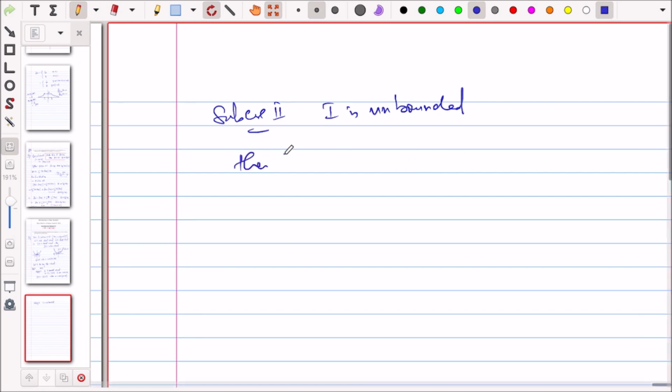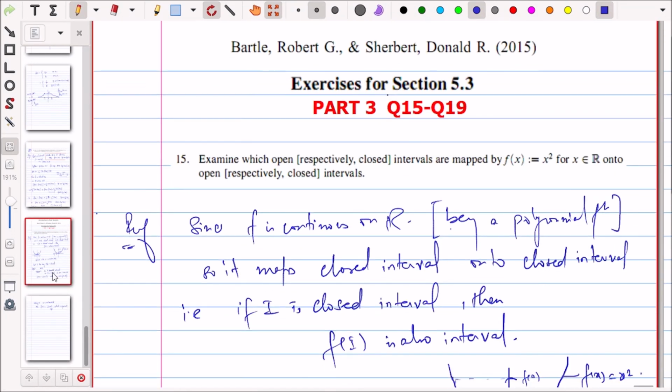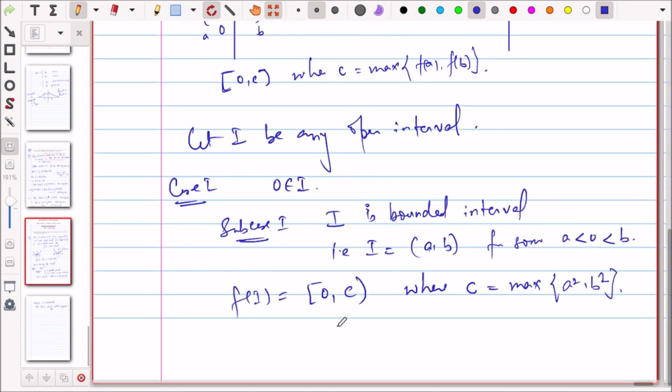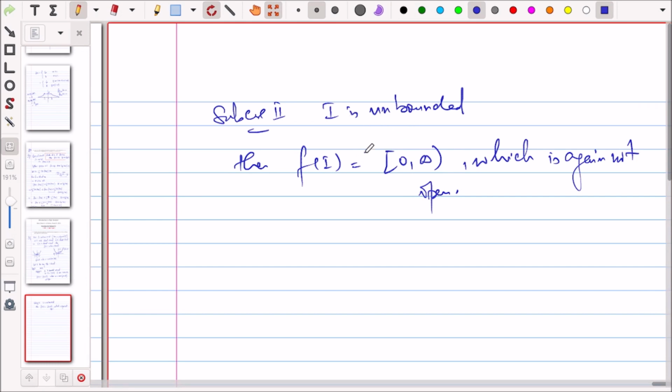Then clearly f(I) will be the interval [0, infinity), which is again not open. So in either case, if 0 belongs to I, then it is not open, whether I is unbounded or bounded.